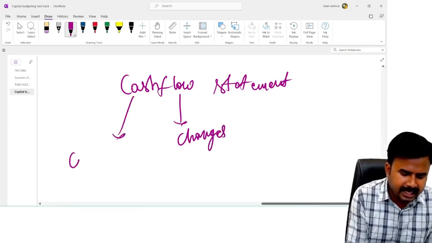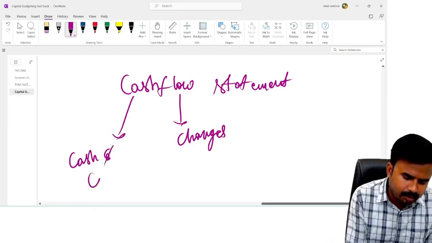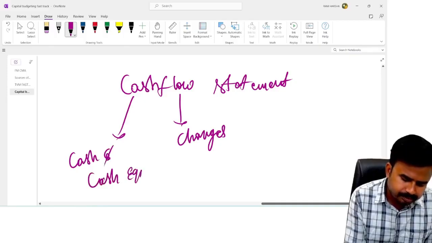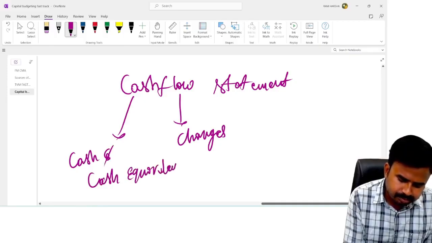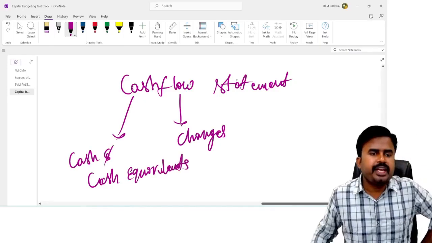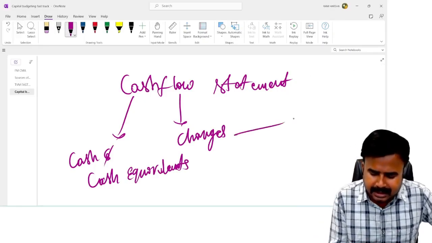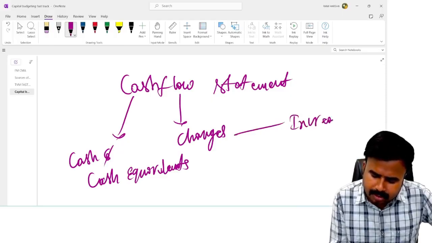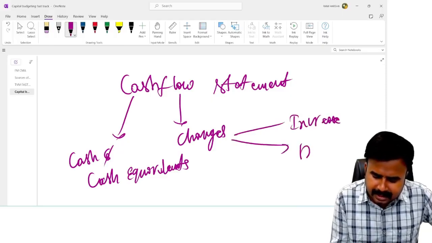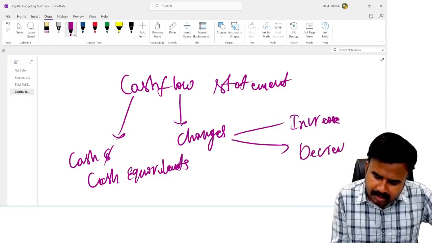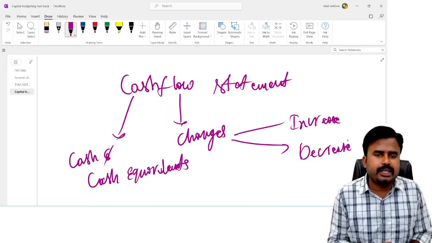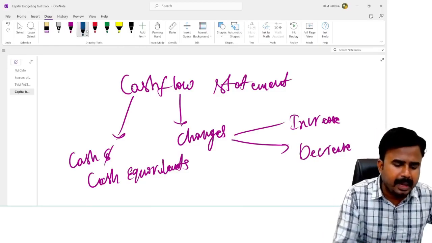Cash means cash and cash equivalents. So we need to prepare a statement which shows the changes, either increase or decrease in the cash and cash equivalents from one balance sheet date to another balance sheet date.